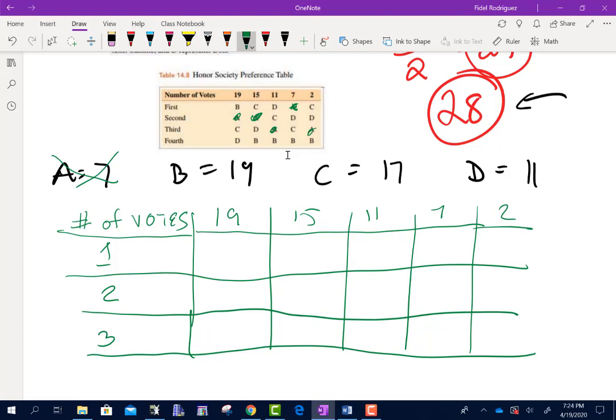Okay, so what I want you to notice is that these here are going to stay the same. That's still going to be B, C, D. These guys here are going to get shifted up. What I mean by that, that will be D, that will be C, okay? These guys here are also going to get shifted up. So there'll be a C here and a D here.